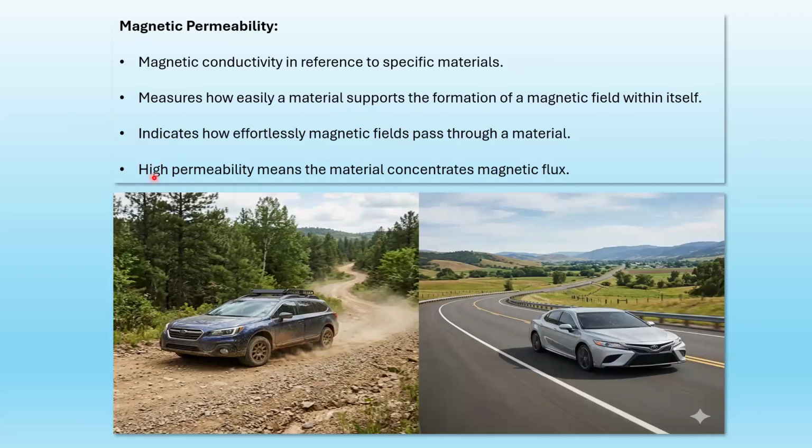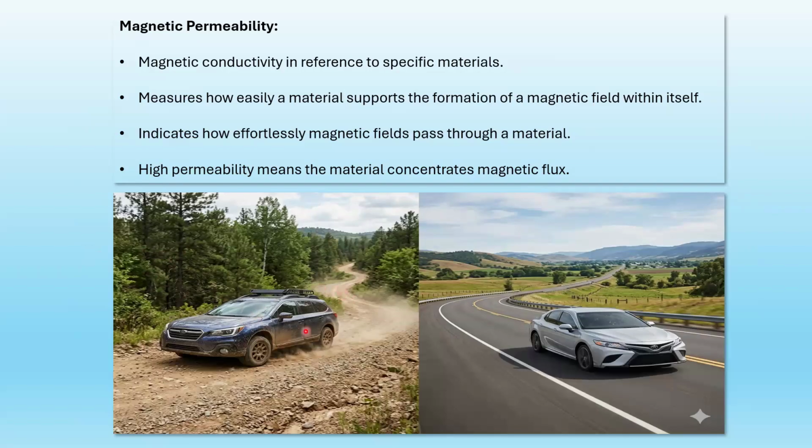And when the permeability is high, it means that the material concentrates the magnetic flux. And here is the good old highway analogy. We have two cars.